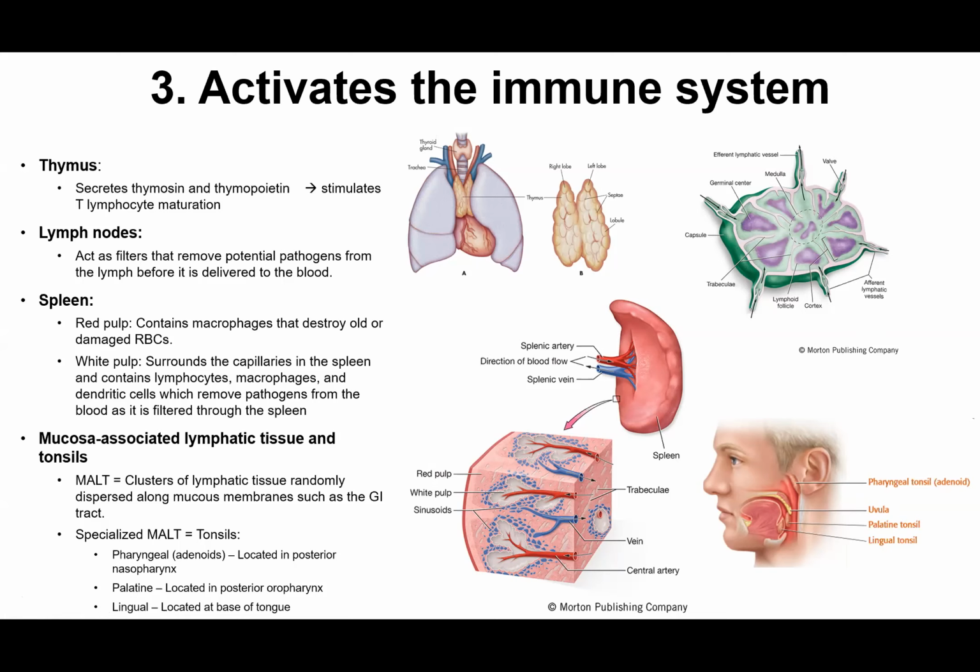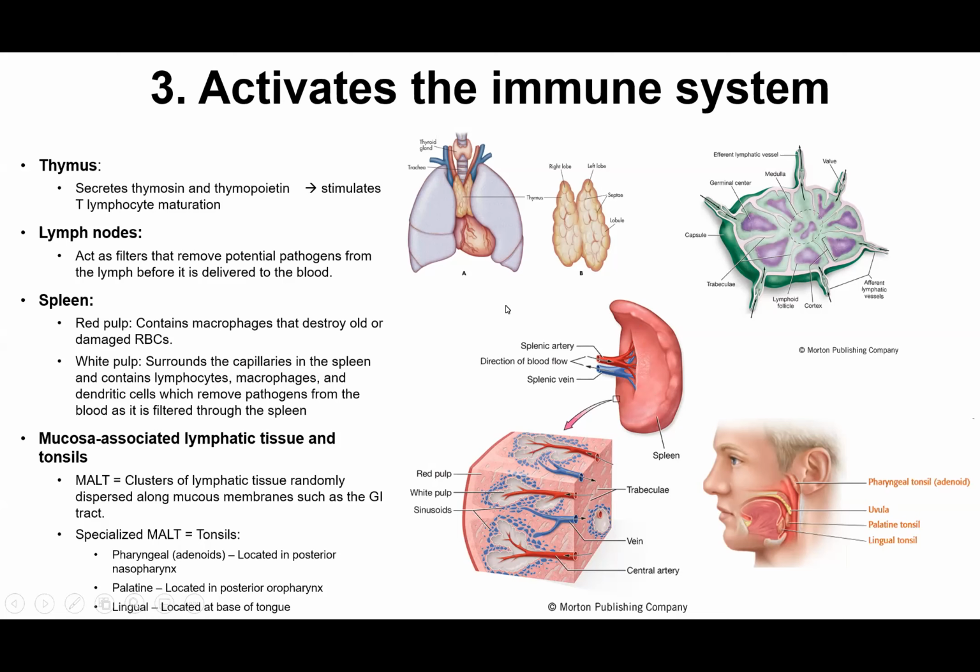In addition to the thymus and the lymph nodes, the spleen also helps to activate the immune system. So here's a picture of the spleen. It's located on the left upper side of the body, a little bit towards the back of the body. The spleen has two major regions that we're going to talk about.